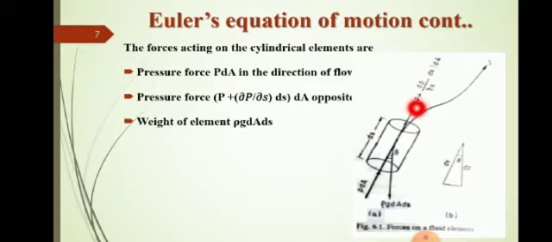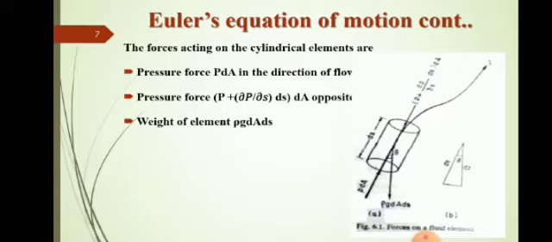Why are we taking it opposite to the direction of flow? When you consider this end of the fluid element, the pressure is acting onto the fluid element in this direction, whereas at the other end the flow is going away from the fluid element. That is why we are taking the direction with the opposite sign.